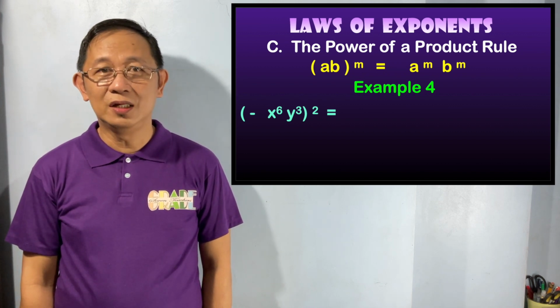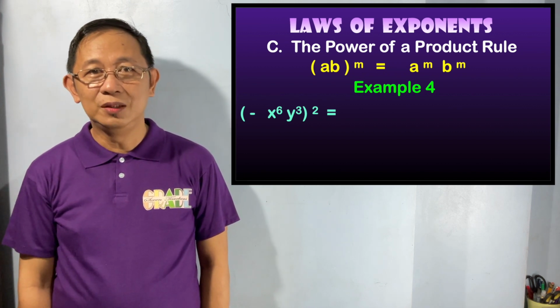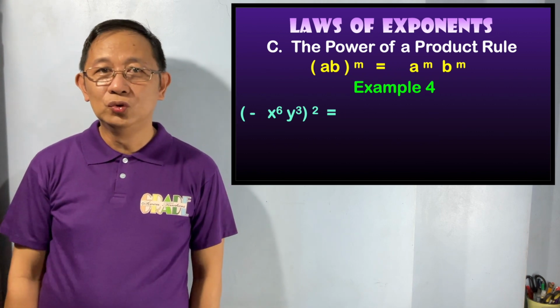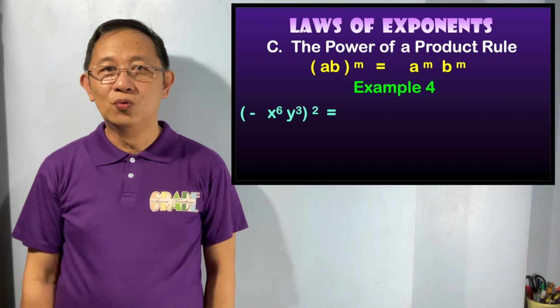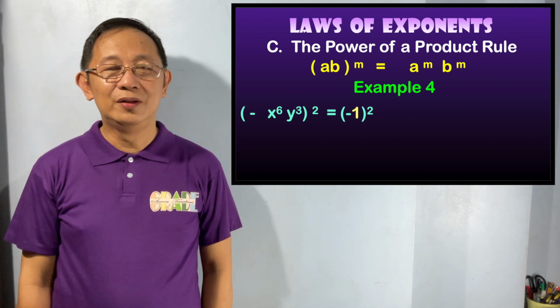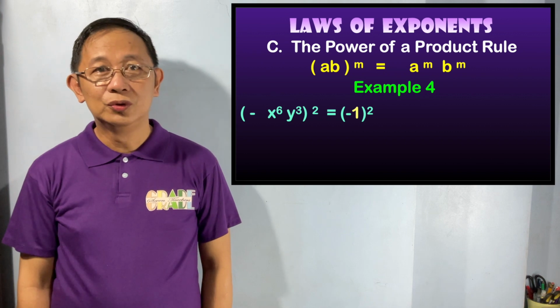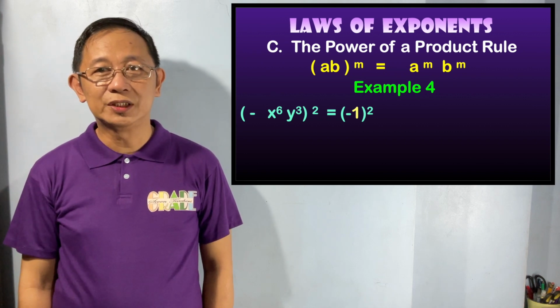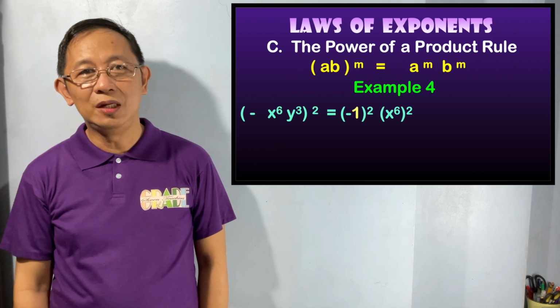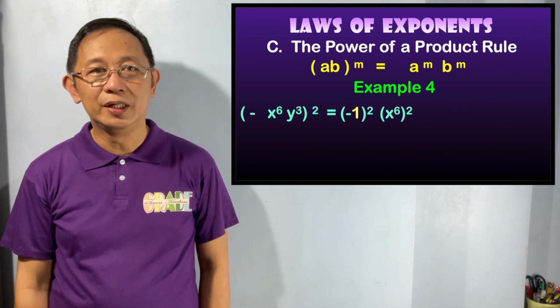So the coefficient is negative 1. So you will share the exponent 2 to negative 1, and then share 2 to x to the 6th power, and the same goes for y cubed.